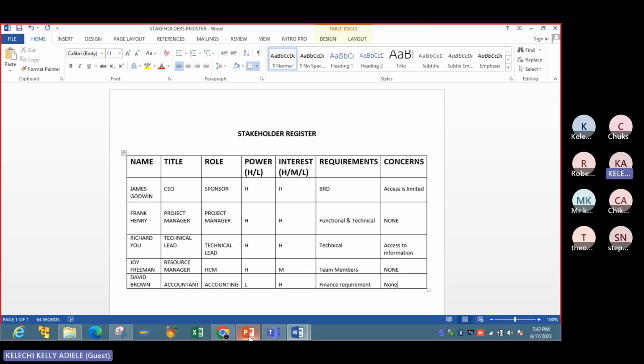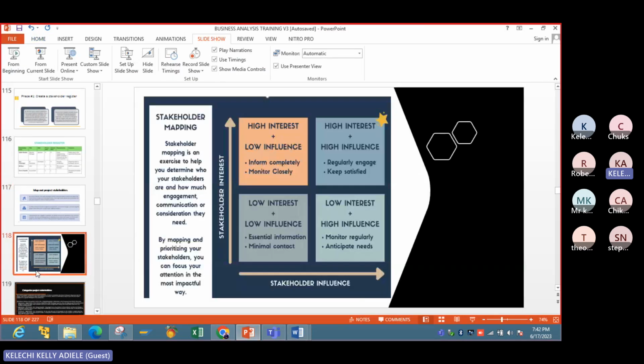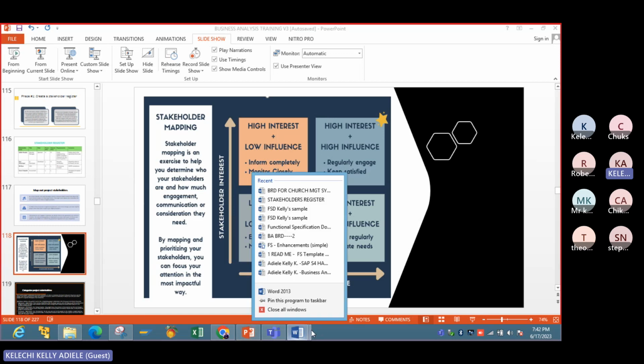So the mapping is what we are doing now. The mapping is to map them according to their influence, and we have already done that. The first thing we're supposed to do is come up with a list. What we did was do everything at the same time.